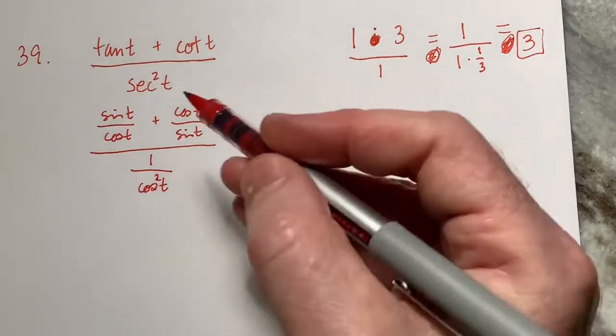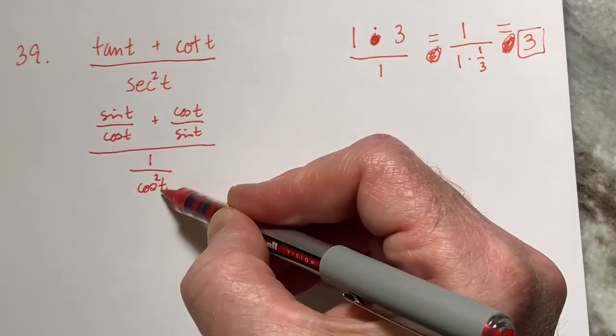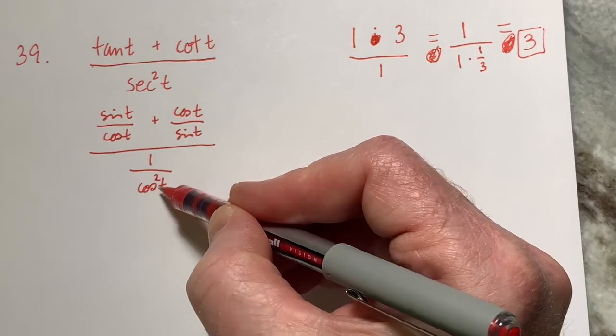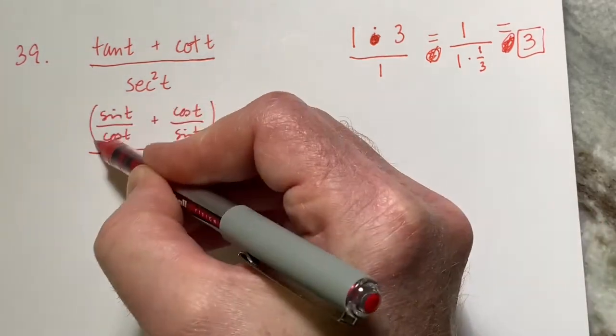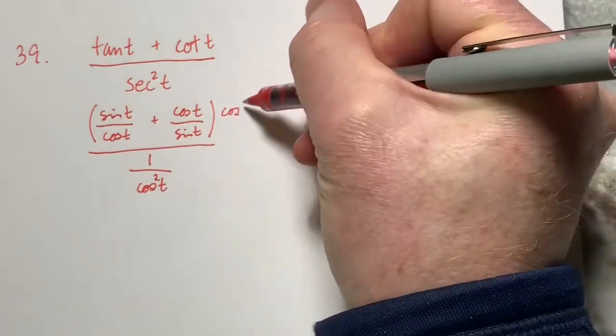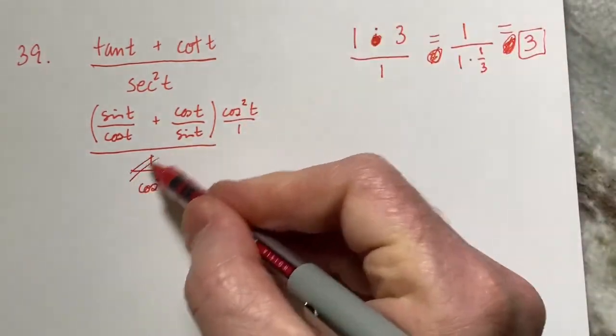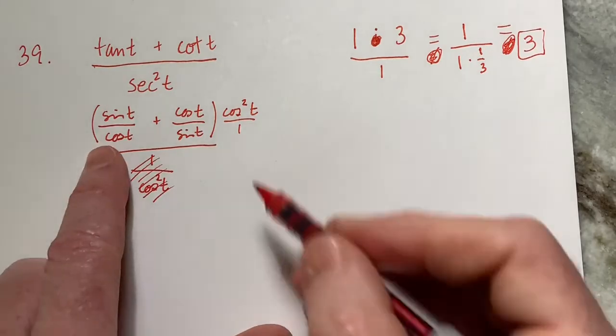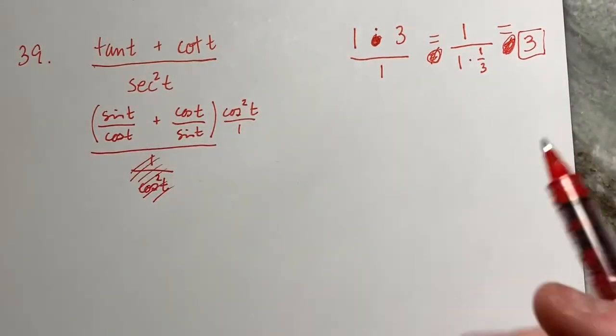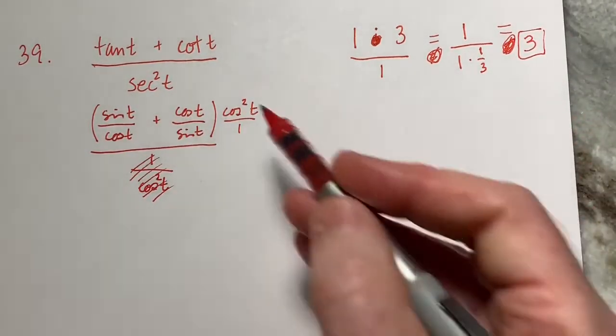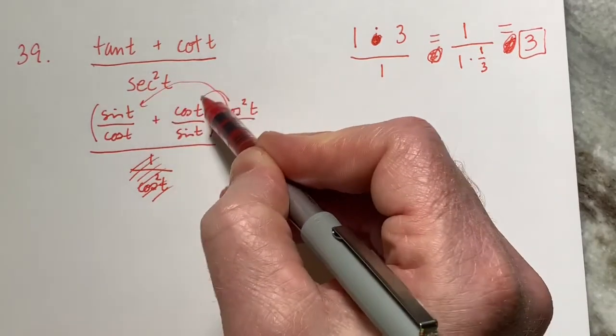And now, to divide by a fraction, what do you do? You take it and you multiply the numerator by the reciprocal. So I'm going to multiply by cosine squared t over 1. Now, all I have to do is distribute this in, and it'll be cleaned up at least a little bit. So when I distribute that in to that and that, what happens?